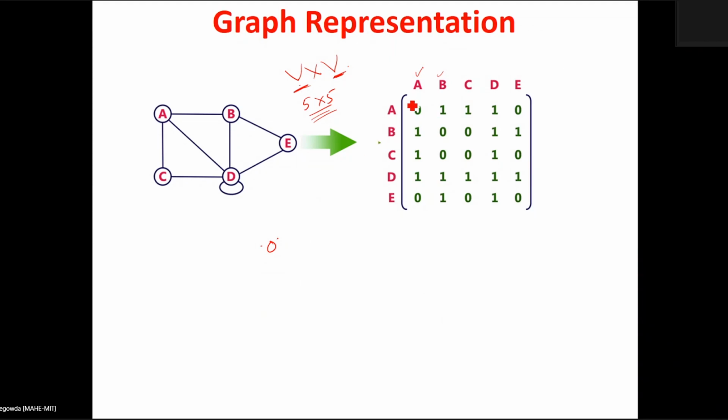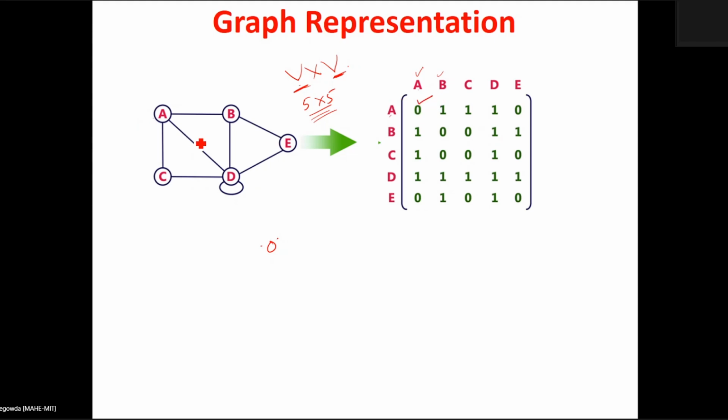If you look at A, we find the edges from A which are connected to other vertices. For example, there is no edge from A to A itself, so this is represented as a 0.